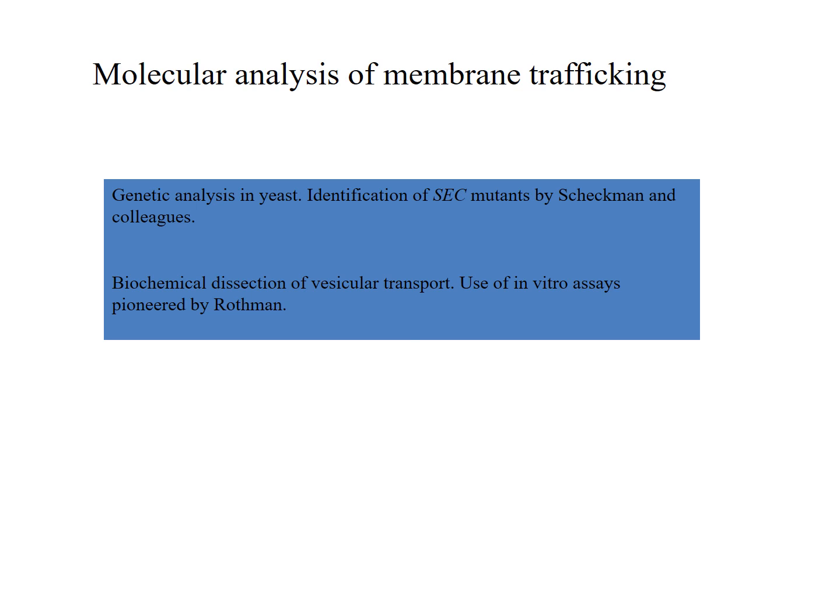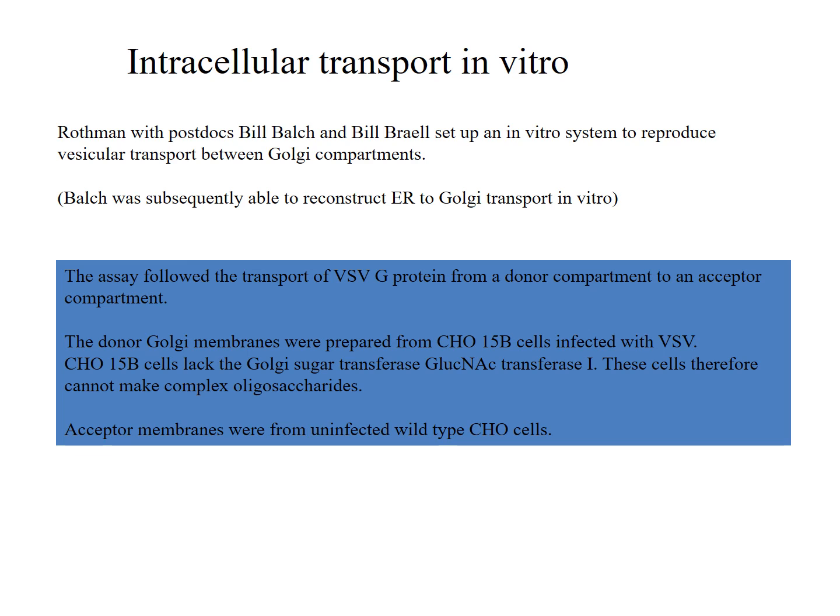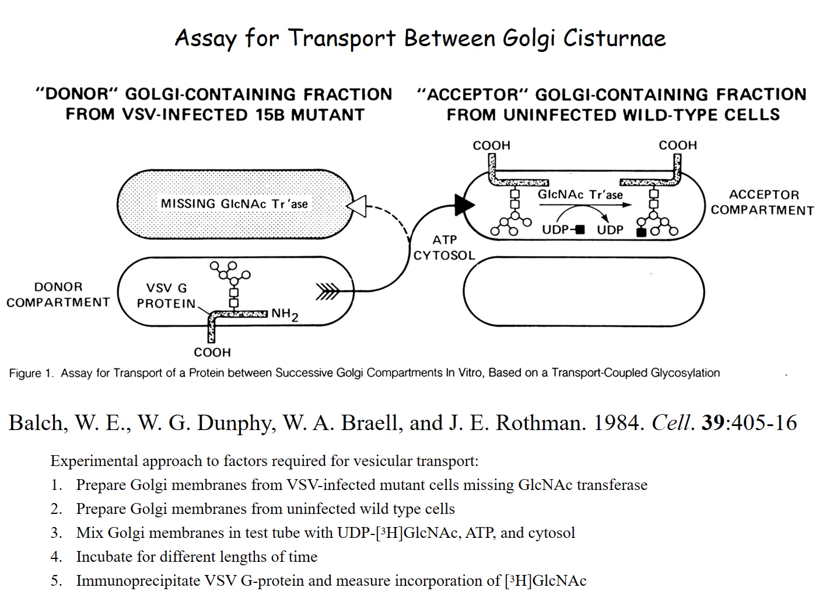So you had two groups working in in vitro and in vivo systems here. Balch and colleagues looked at transport between the compartments, and Balch also went on to do ER to Golgi transfer. This is a slide we've talked about.